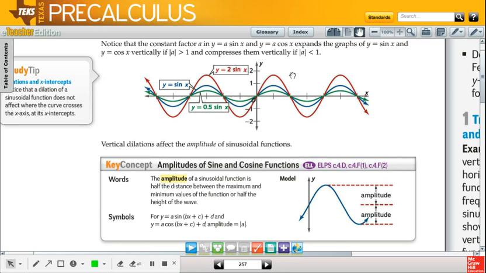So if originally your a was, for example, negative 3.2, it's still what you call vertically expand, because we would take the absolute value of negative 3.2, which is simply 3.2, which is more than 1. Now, that was just a decimal example.